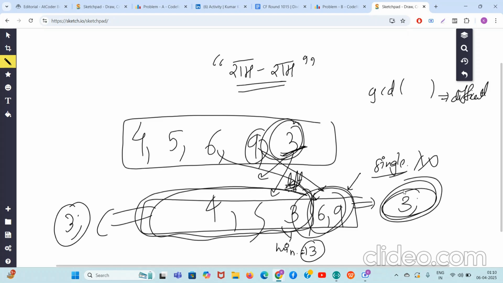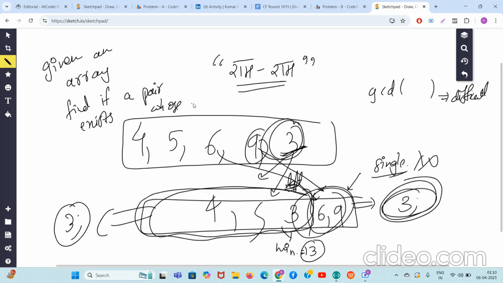But guys, the lovely question for you now becomes: given an array, find if a pair exists whose GCD is equal to x. In our case, x was equal to 3.